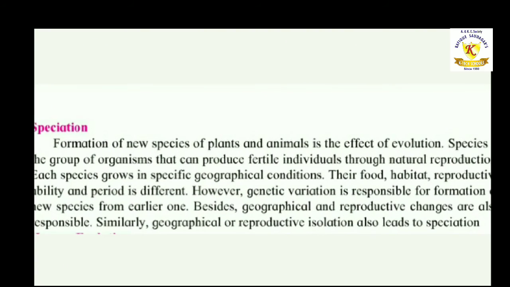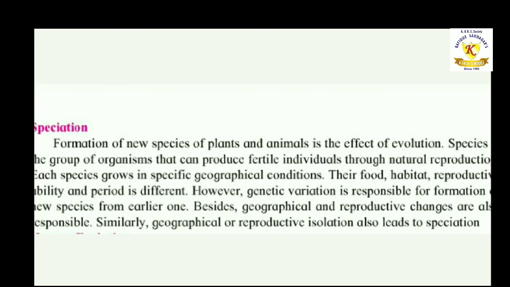Formation of new species of plants and animals is the effect of evolution. A species is the group of organisms that can produce fertile individuals through natural reproduction. Each species grows in specific geographical conditions.